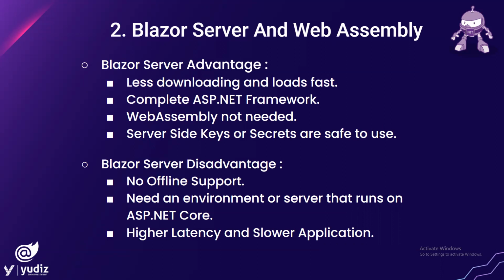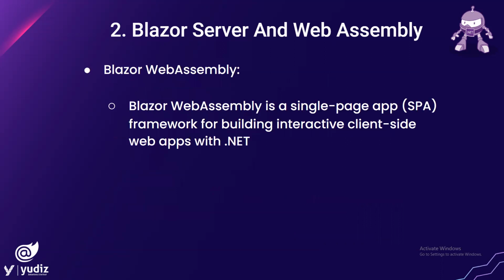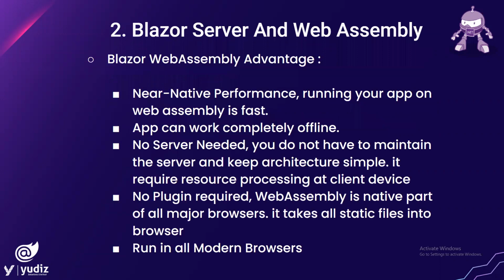Now, Blazor WebAssembly. Blazor WebAssembly is a single page application, and earlier we discussed PWA. We can also create a PWA using Blazor WebAssembly. It works in all modern browsers, including mobile. These are the advantages of Blazor WebAssembly. It supports offline, it runs in all modern browsers, and no plugins are required.